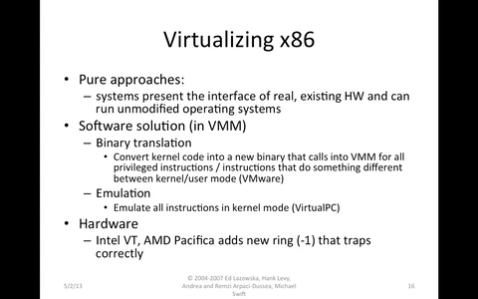So they'll modify the code to explicitly trap into the virtual machine monitor. The virtual machine monitor can then emulate the popf instruction the correct way, and it will return, and then code will continue. So when you're executing kernel code in this solution, you're not executing the kernel that Microsoft built or that is built by Linux or by Apple, but you are executing a modified version of that where all these sensitive and privileged instructions have been rewritten to do things better for virtualization.